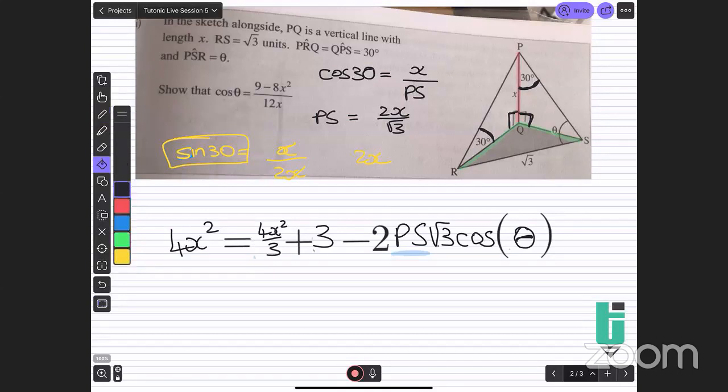And PS is 2x, so it's 2 times 2x, which is just 4x. Okay, so what can we do now?